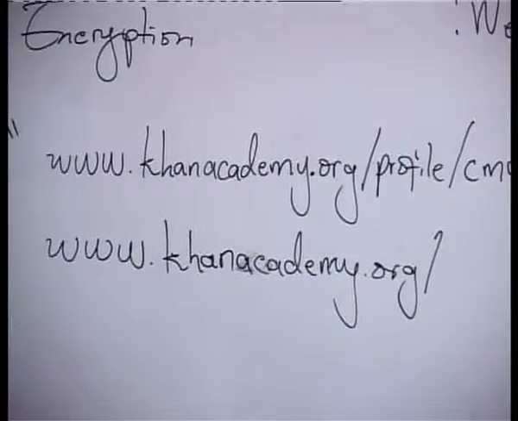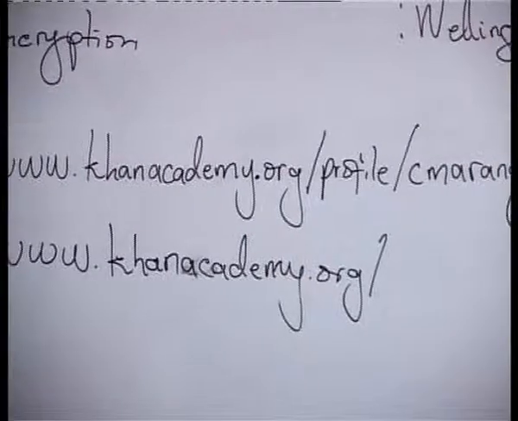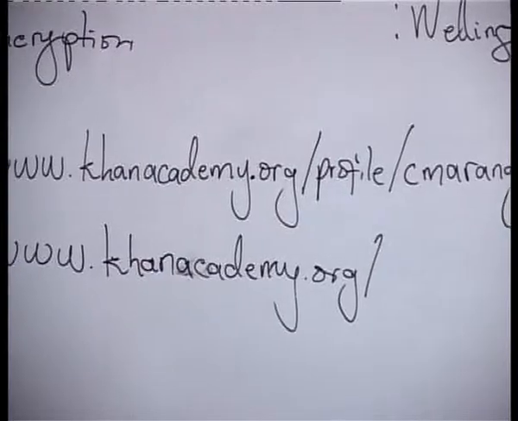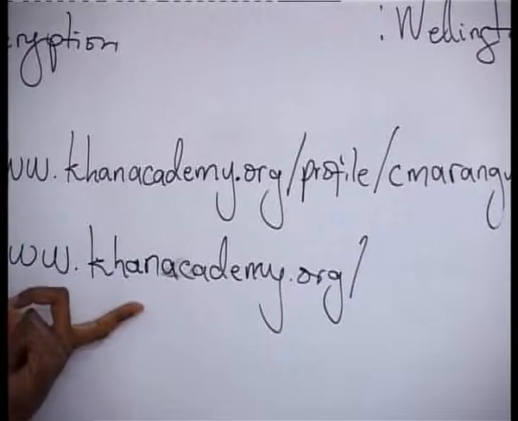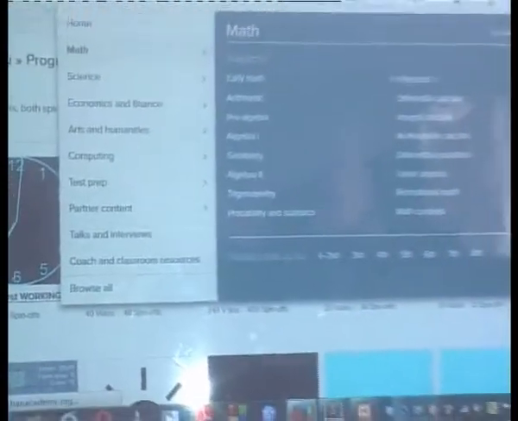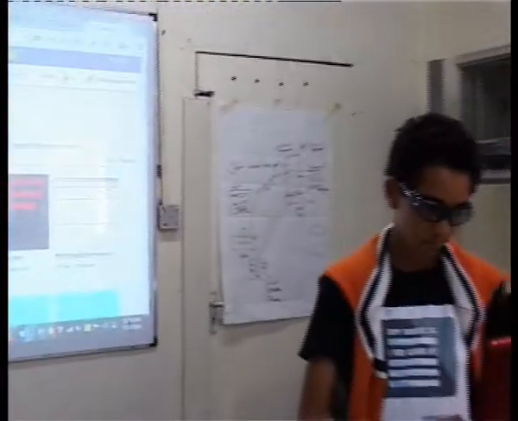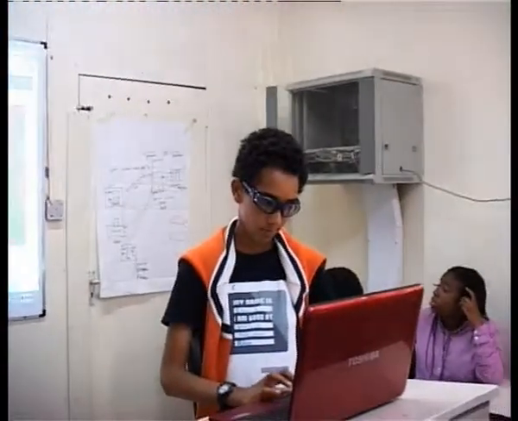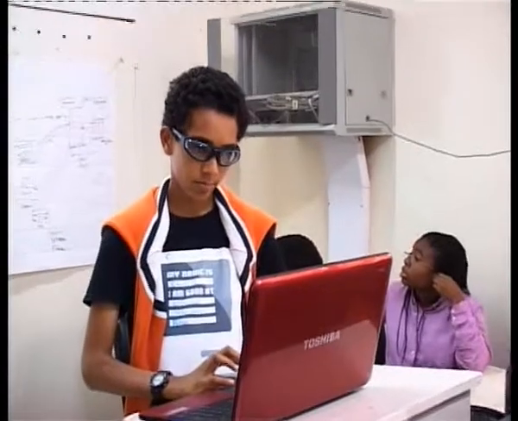Then you can just click on subjects or computer. Basically if you visit khanacademy.org, you can be specific on what you want to learn. There are so many other materials that you can use in this context.